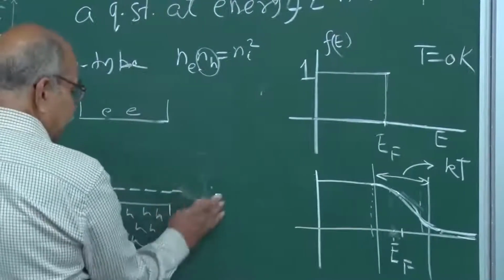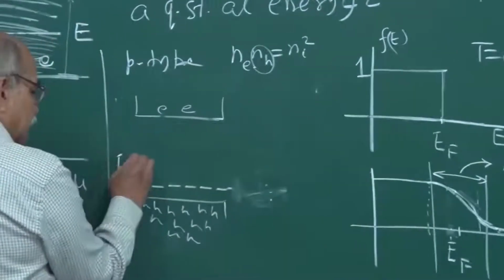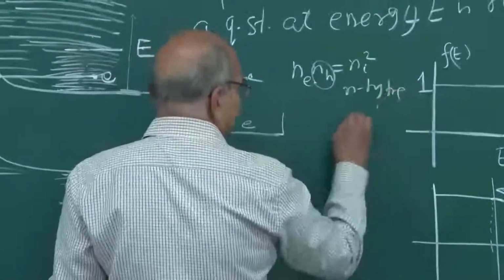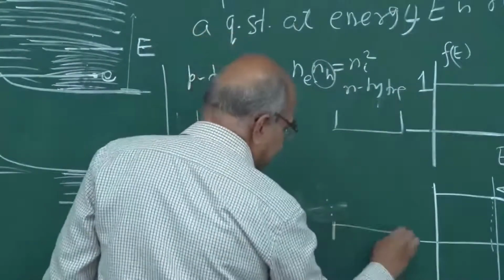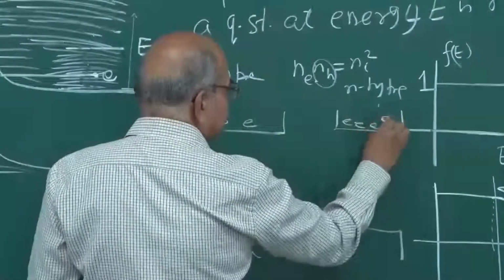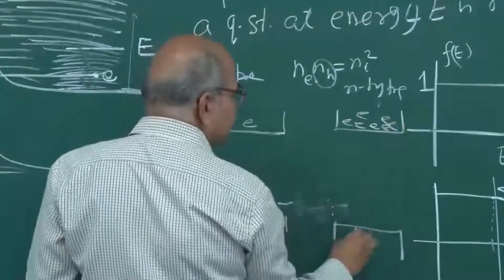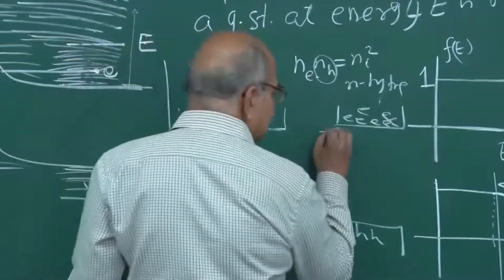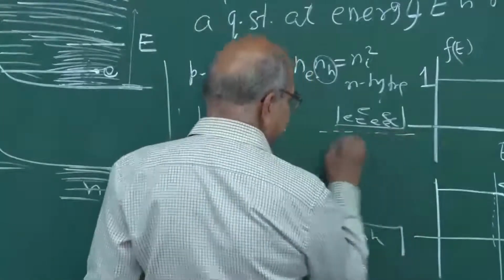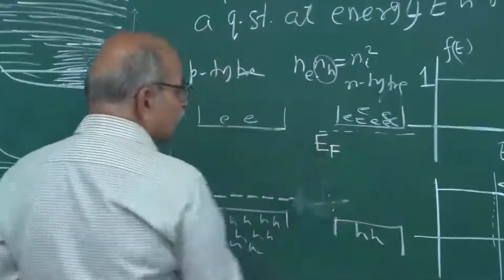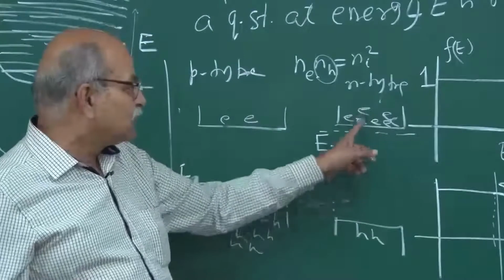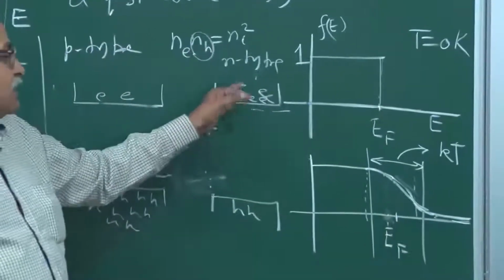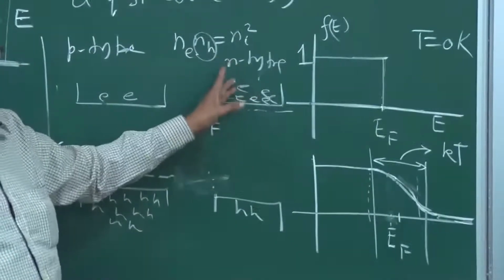Whereas if you have an n-type semiconductor, what happens? In an n-type semiconductor, you have a lot of conduction electrons and a very small number of holes. So here the Fermi energy is close to EC, so you are close to the Fermi energy, slightly above it, so the probability is quite sizable.